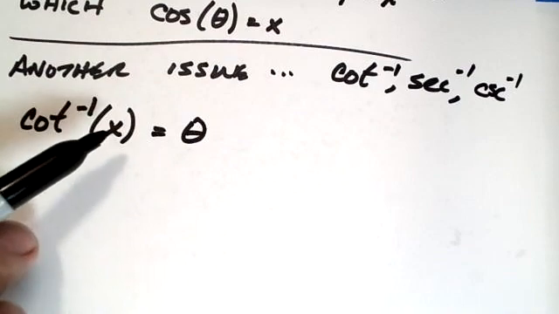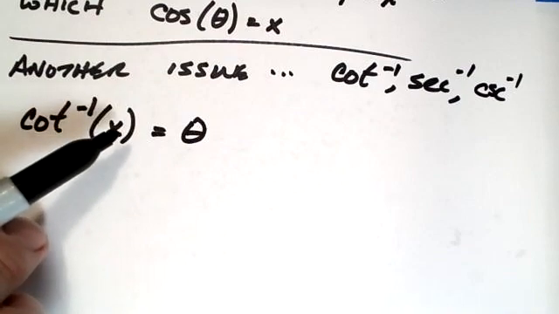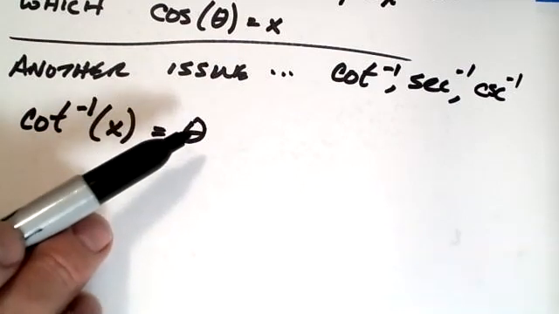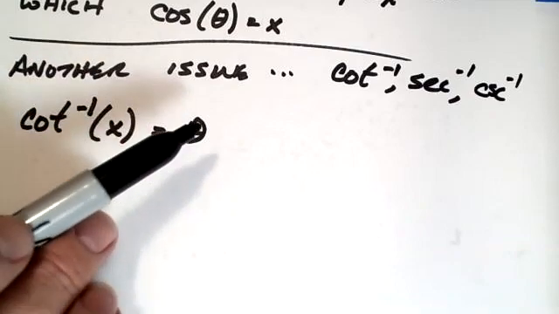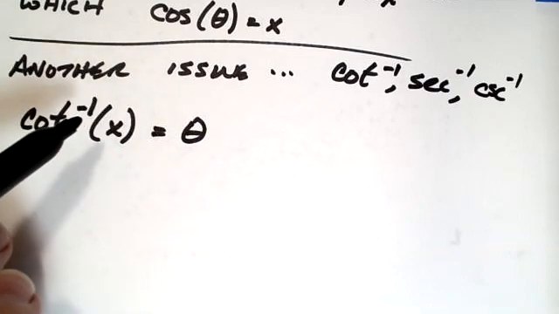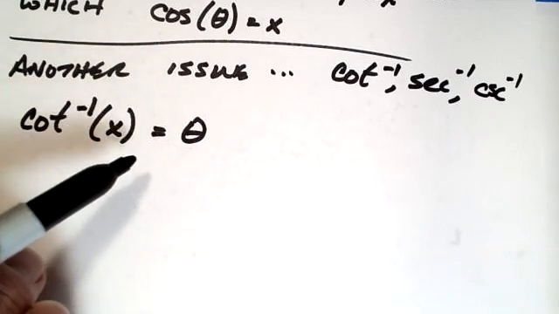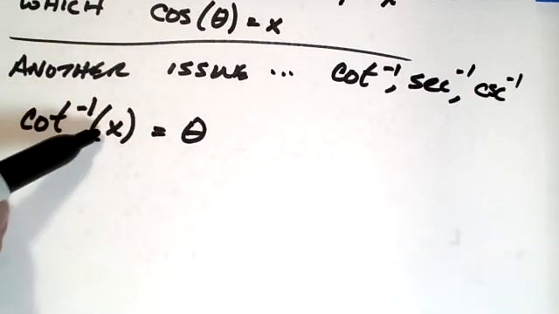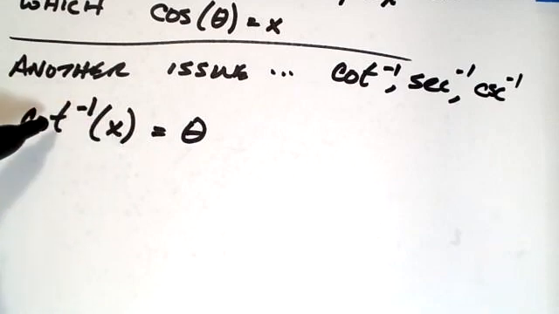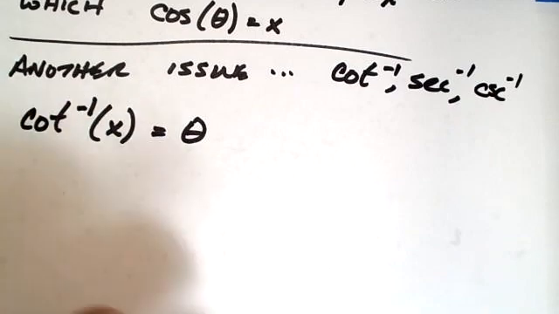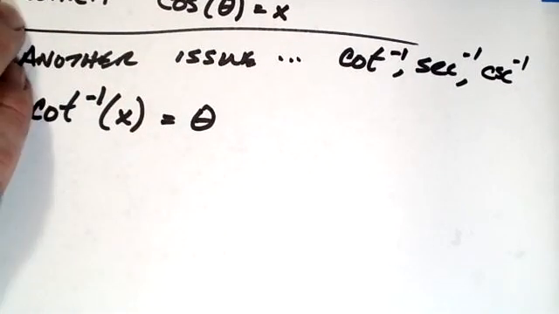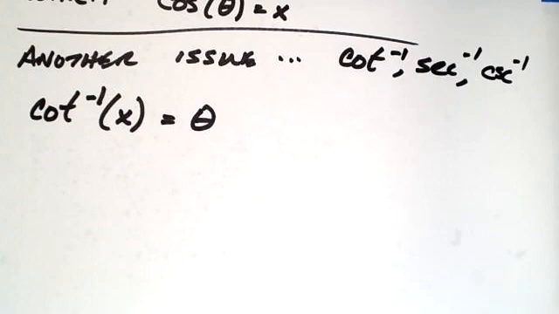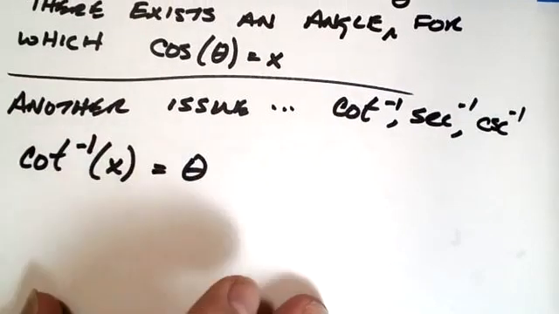So we have x, a ratio, and we want to find the angle associated with that. If we had an inverse cotangent button, we could just plug in x and out you go. However, there's only the inverse tangent, so we have to find a way to make this make sense.